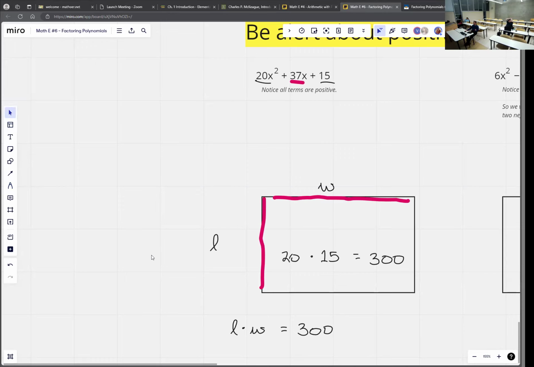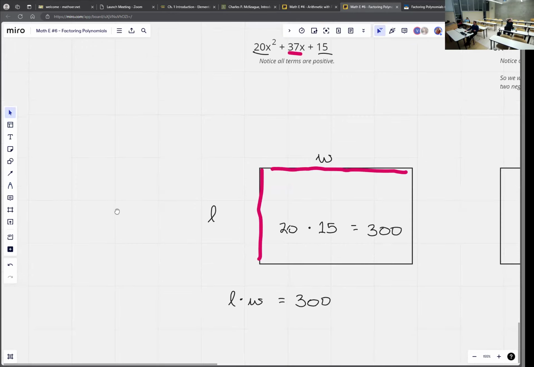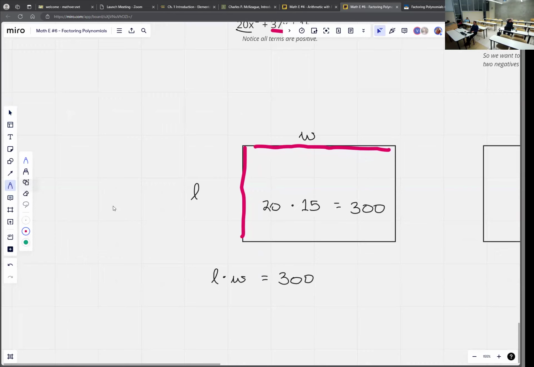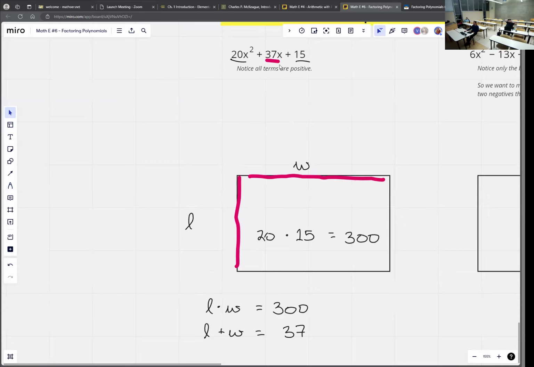So what I want is length plus width equals 37. So that's what the middle number of my polynomial was. So what are two numbers that multiply to 300 but add up to 37?